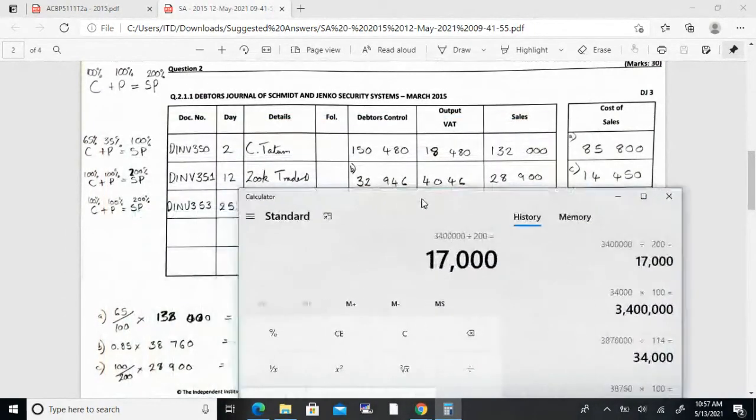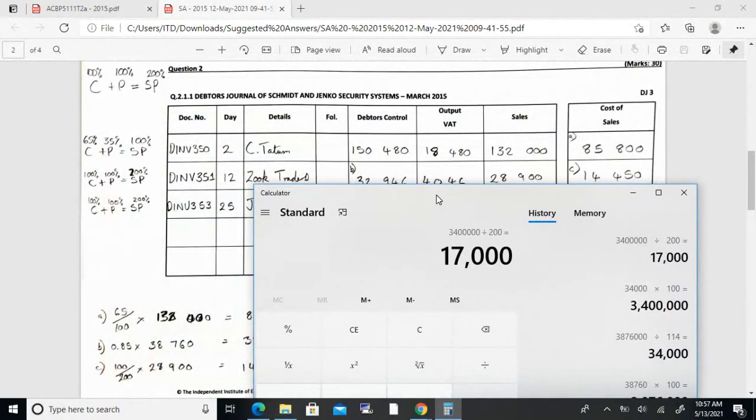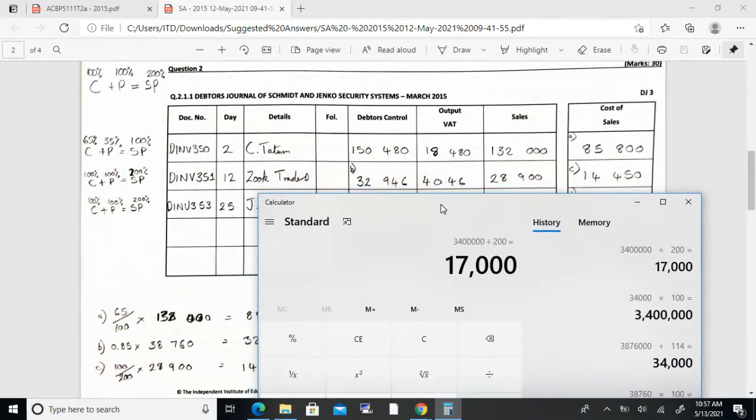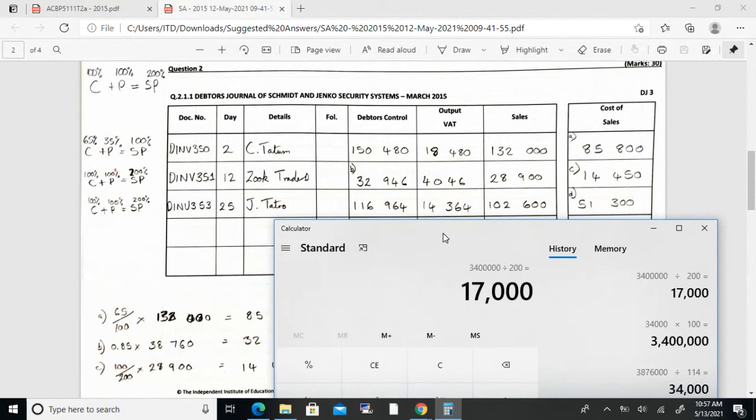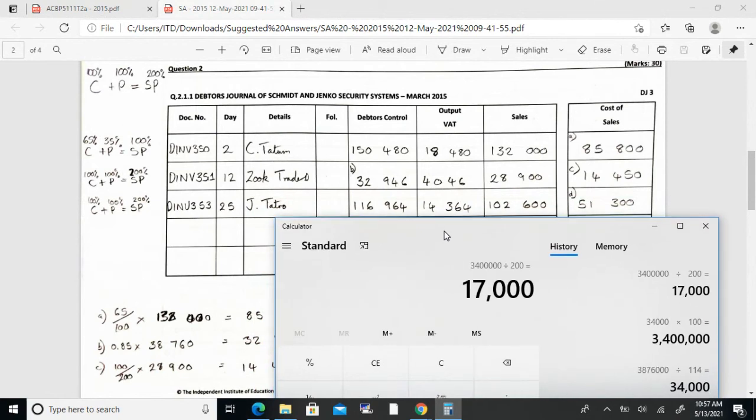So your cost of sales there on C should be 17,000 and not 14,000. Just take note of that mistake. Your amounts will be different, but what I'm trying to ensure that you get is the principle. So that was your second transaction under the debtors journal.